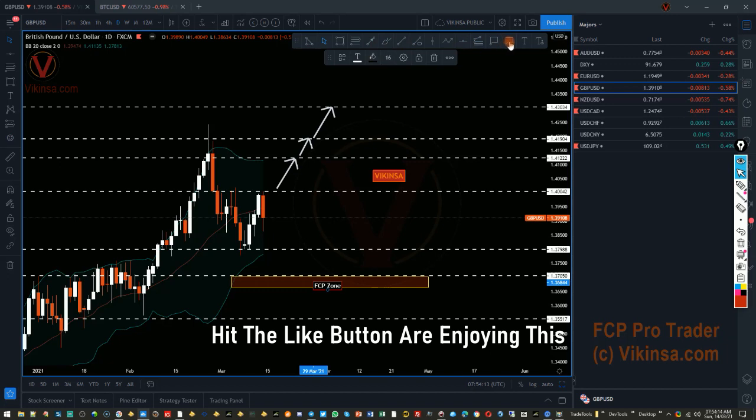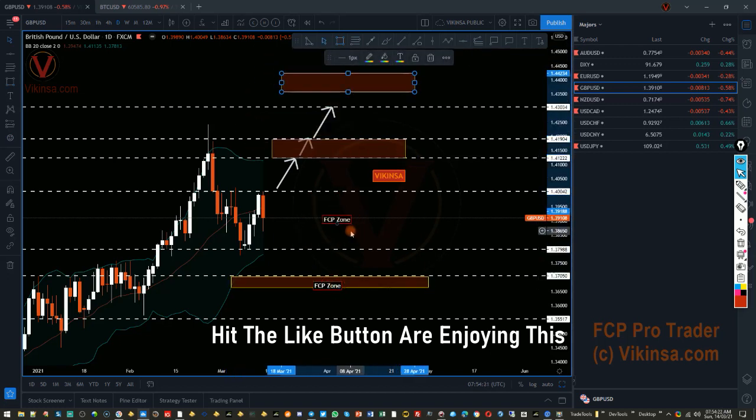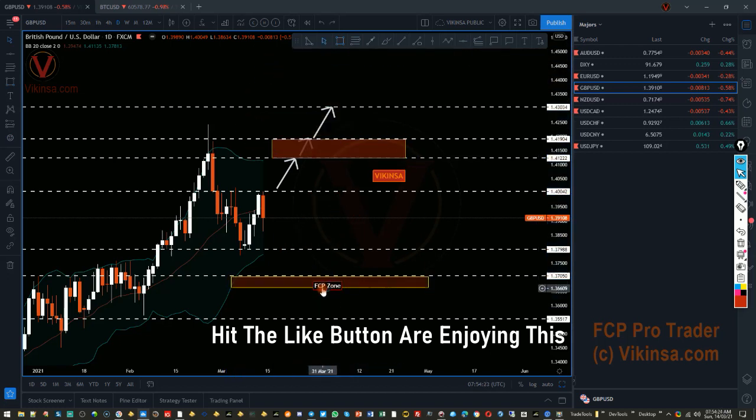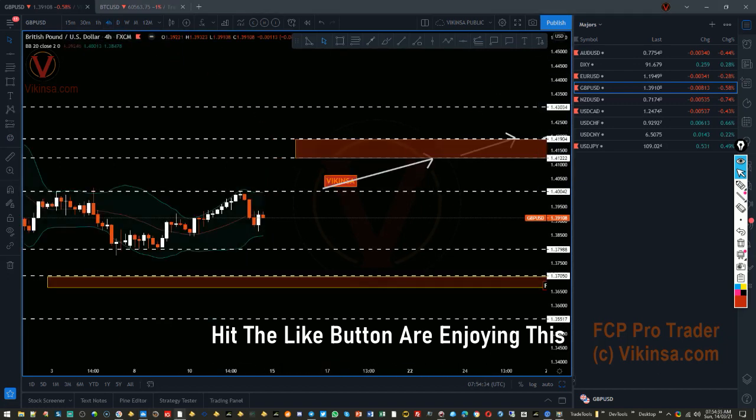And then we have got another FCP zone somewhere around here, because this is very narrow, so I can call that an FCP zone. It's not technically an FCP zone, because on FCP zones we need specific conditions, but I'm just trying to keep this analysis as simple as possible. Okay, let's see if you can find anything else.